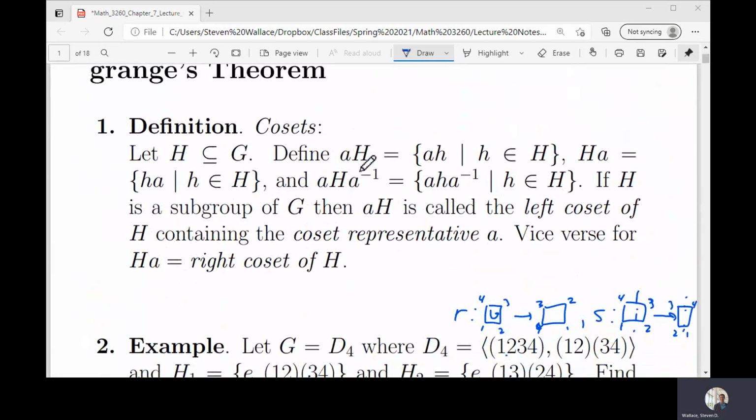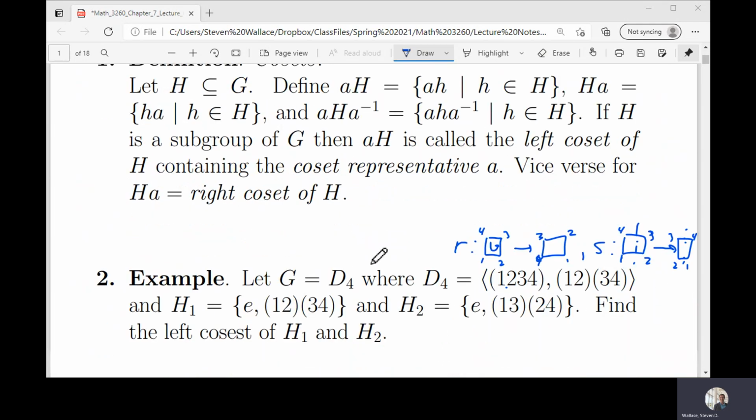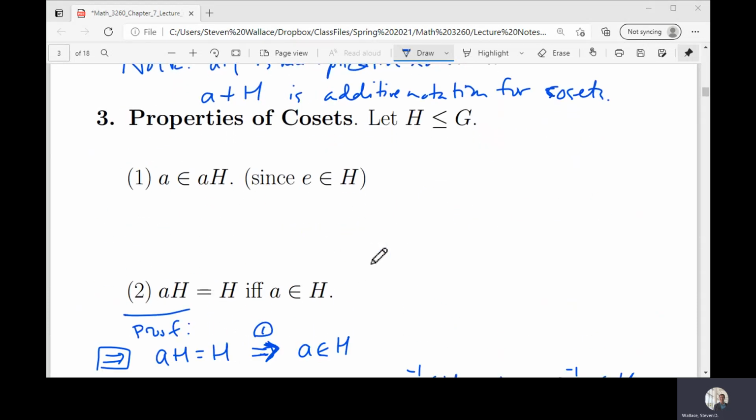A coset is a set AH, where H is a subgroup. Okay, those are left cosets. HA would be the right cosets. There's a bunch of properties of them that come from this symbol. An element A from G is in its own coset, represented by itself.